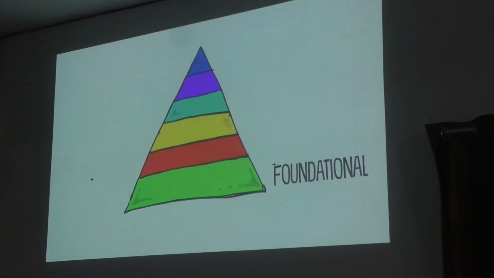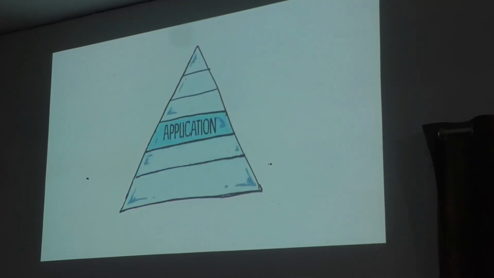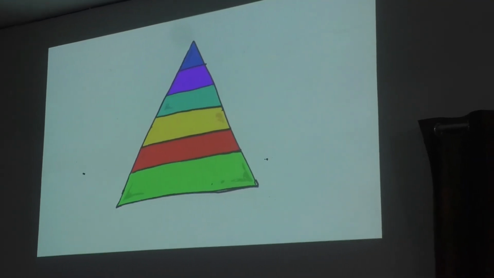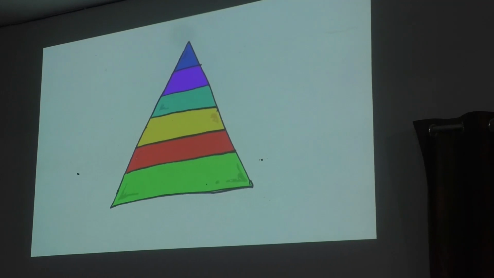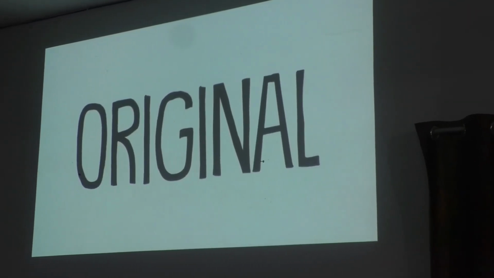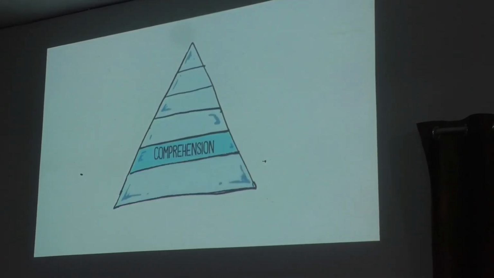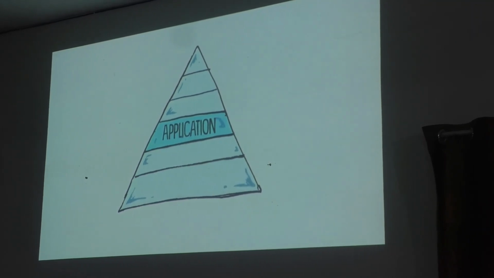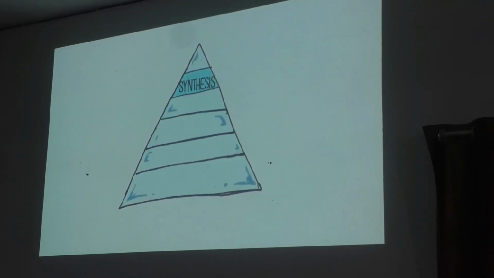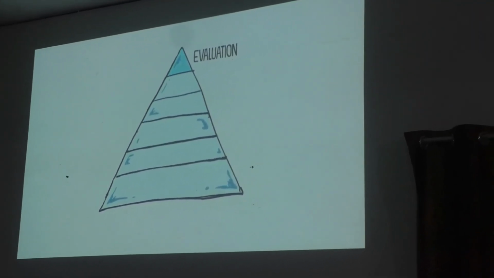Instead, the bottom levels are foundational and they build progressively up into those higher levels. Here is the original Bloom's taxonomy, which goes from knowledge to comprehension to application to analysis to synthesis and into evaluation.